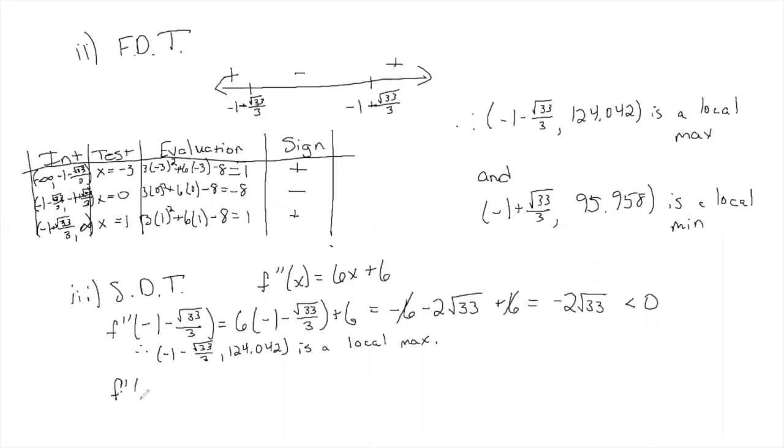Now do the same thing for the other critical point. Again, I get 6 times -1 plus, this time, 33 over 3 plus 6.